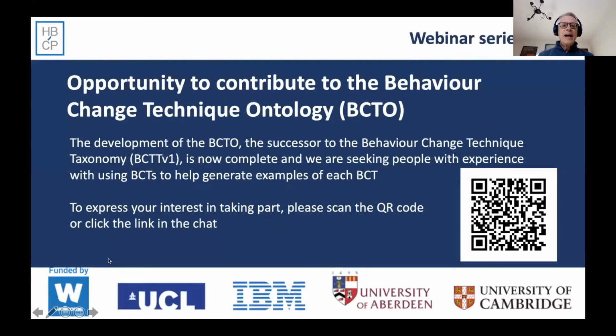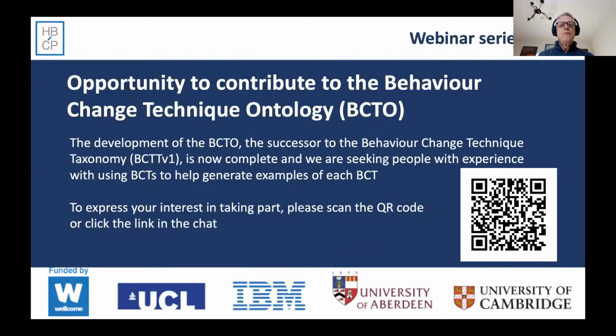And last but not least, we're keen to get anyone who's interested to contribute to this brand new thing, which is part of the HBCP, but is going to be absolutely mega, and that's the behavior change technique ontology. Many of you will be familiar with the behavior change technique taxonomy V1, which is now incredibly widely used. Well, BCTO is its successor, and it's almost complete. In fact, it is just about complete.